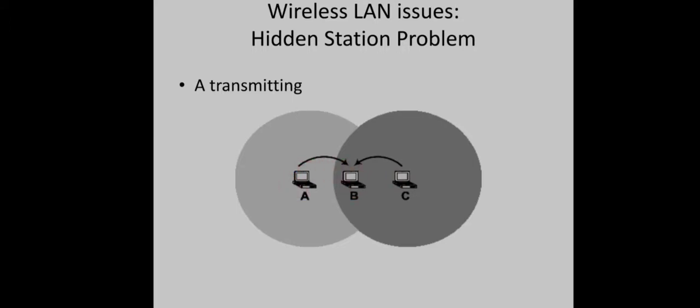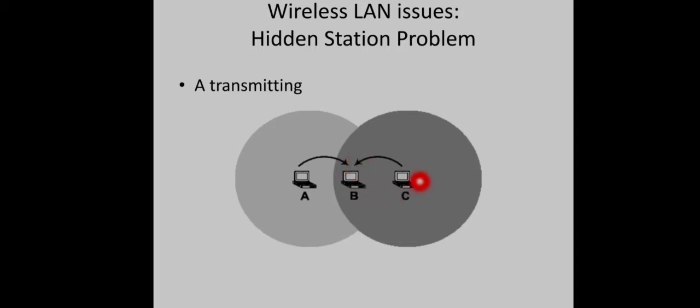Now suppose A is transmitting some data to B. This is the current scenario. At that time, if C senses the channel, what happens? A is out of range, so the signal from A is not visible to C. Only when that signal reaches this area can C sense it.